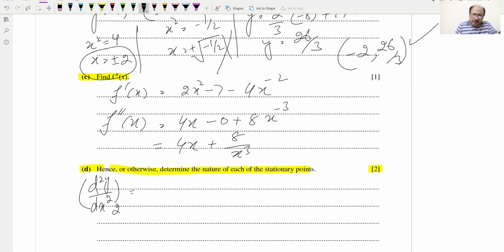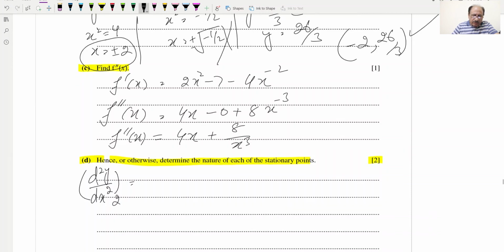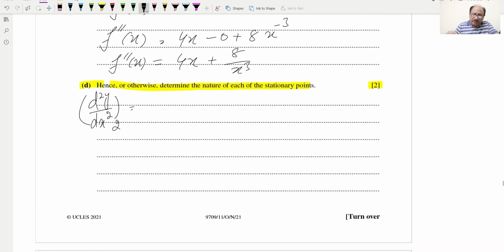This will be f double dash of x, and now in the D part they are saying determine the nature of the points. Double dash is already there, so we find the second order derivative at 2. This will be 4 into 2 plus 8 over 8, which is equal to 9, which is greater than 0, so we'll say this is a minimum point.